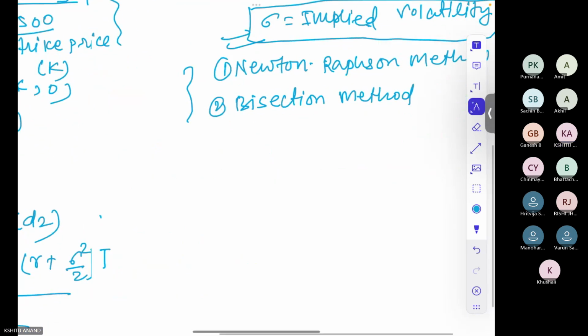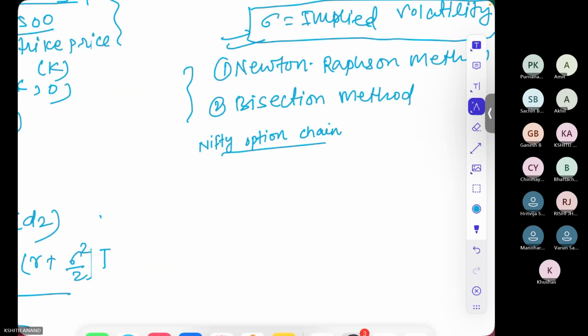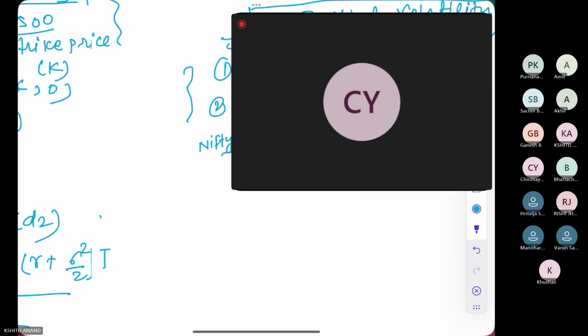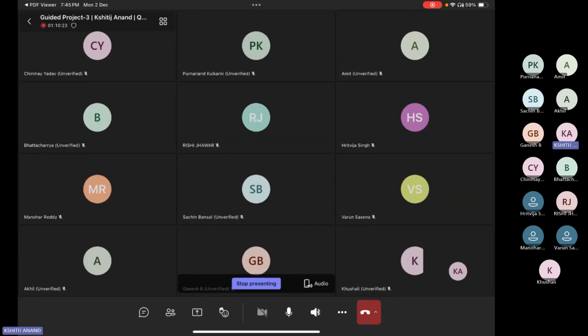Search Nifty option chain on Google and enter into the first search that comes up. Maybe I should try to show it to you. Just a minute.